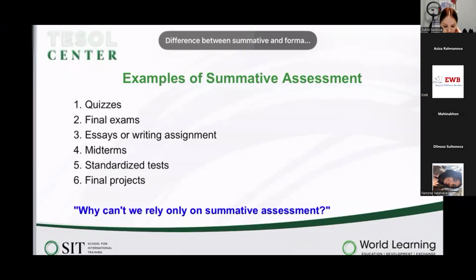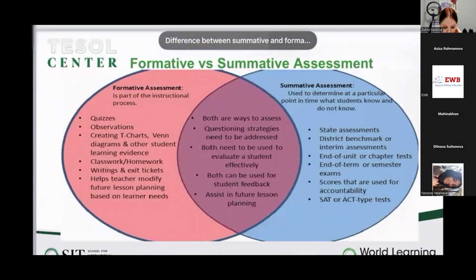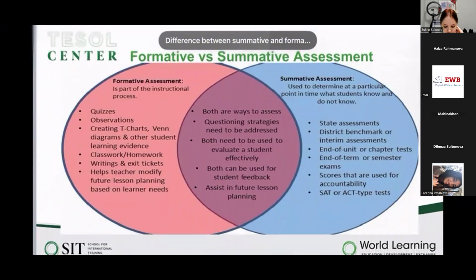So let's move on to the next slide. Here are the differences between formative and summative assessment and the similarities between both types of assessment. They are both ways to assess. The questioning strategies need to be addressed.